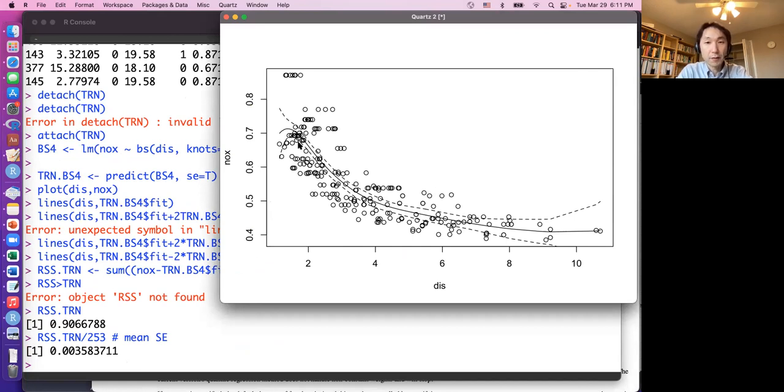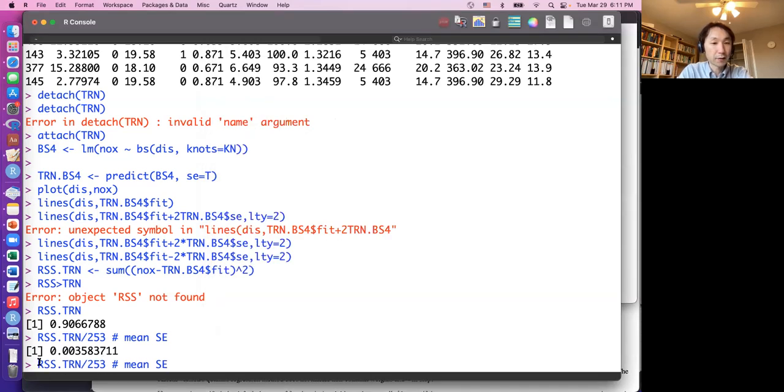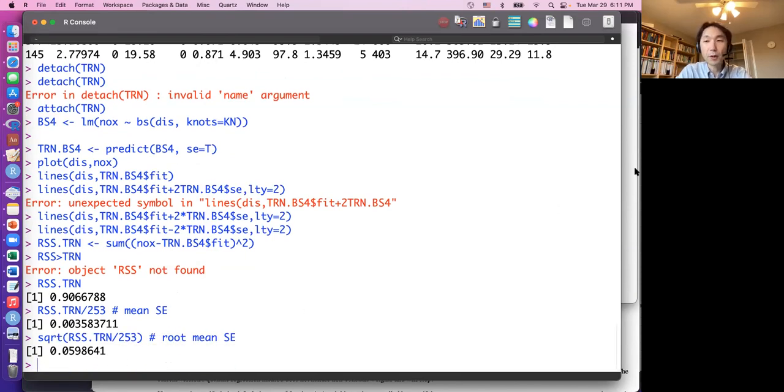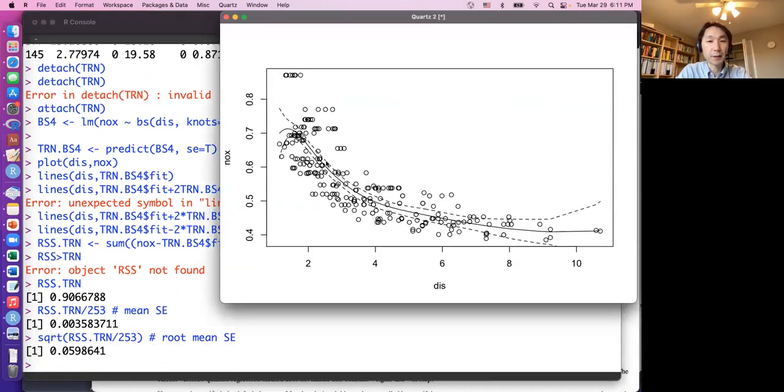You can see, for example, this observation has much larger error: 0.72 or something, and here 0.55. So the distance is 0.17, much larger than this. Sorry, we have to take the square root to make it more meaningful. So 0.06 is basically the typical distance between the fitted line and the observation.